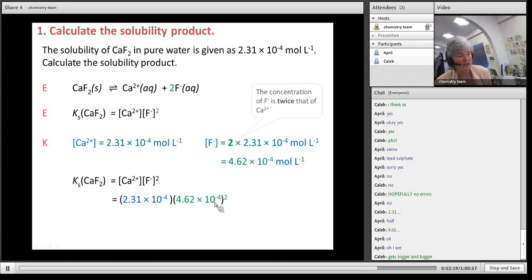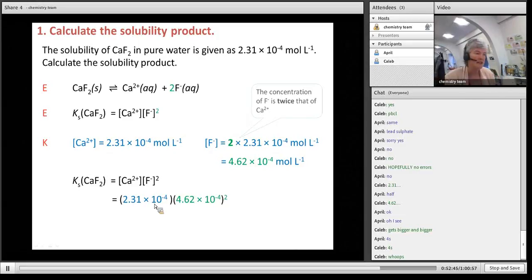This will be 2S, and I square it. So what is 2S squared? 2S times 2S is 4S squared. So 4S squared times S is 4S cubed.